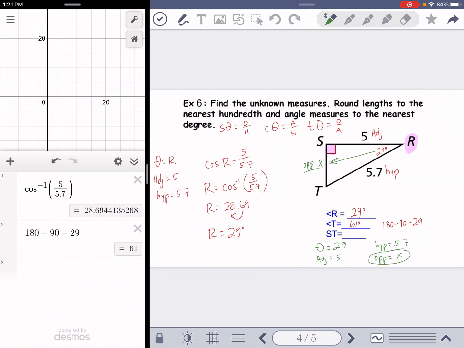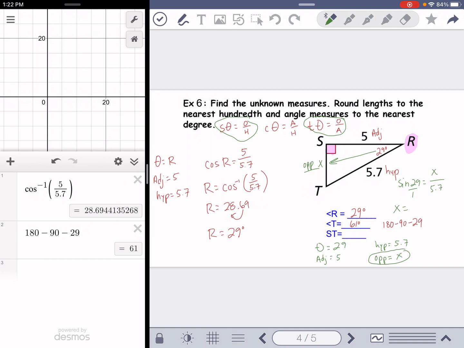Either one would work because they both have the opposite, and I know the hypotenuse and the adjacent side. Just because sine is the first one, I'm going to use sine. So sine 29 degrees equals X over 5.7.